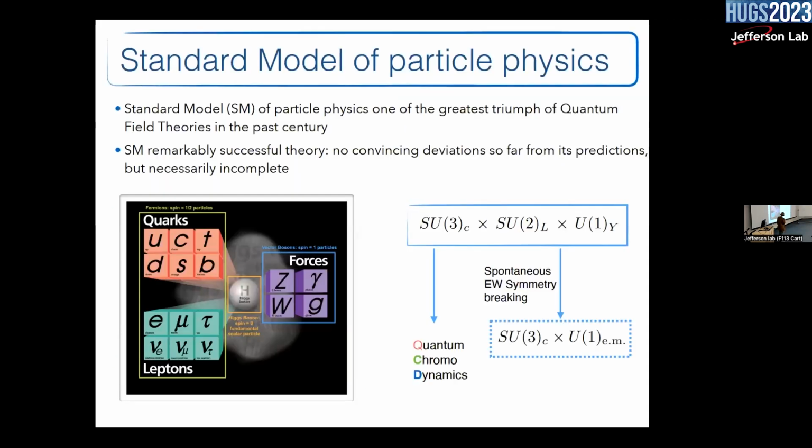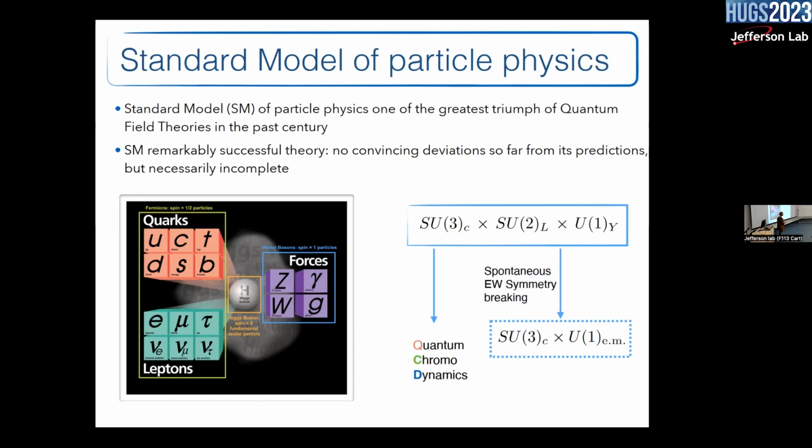Okay, so as you all know, we have this beautiful model of particle physics, which is the standard model, which is really one of the greatest triumphs of quantum field theories in the past century. It's a remarkably successful theory, has been tested to the extreme limits, and so far we haven't seen a convincing deviation from the theoretical prediction of the standard model, which can be frustrating for some, but it's also very exciting for others.